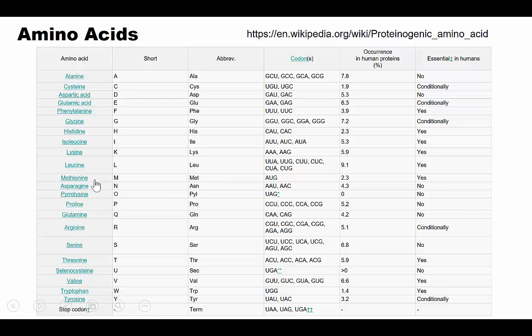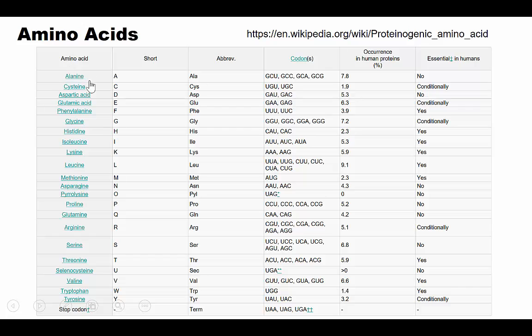Interesting, isn't it? I said before, we have 20 basic amino acids in the protein, but this table is from recent Wikipedia. Can you count the number of amino acids here? Actually, it's more than 20. It has 22. Which one is a non-classical amino acid?